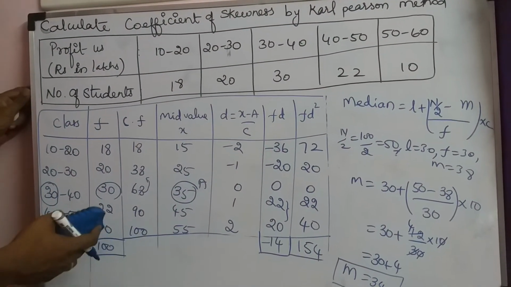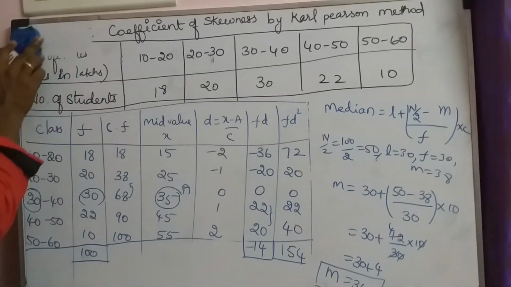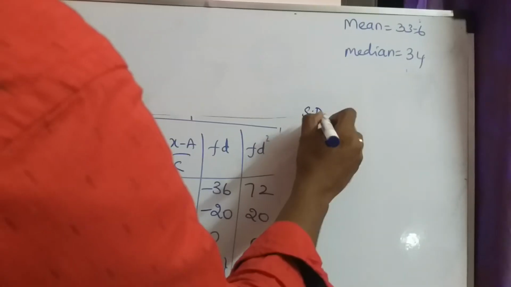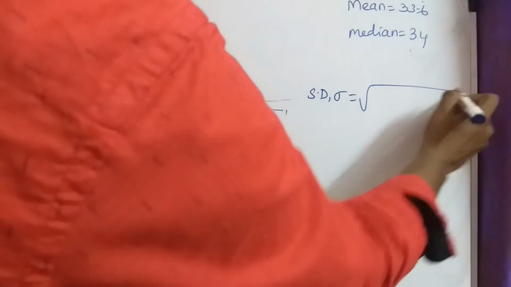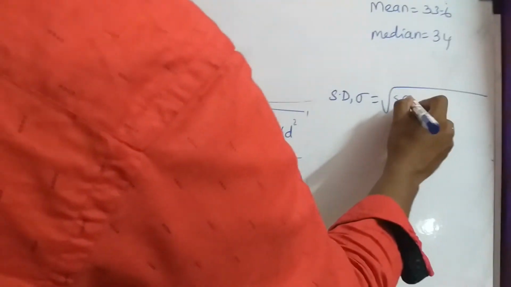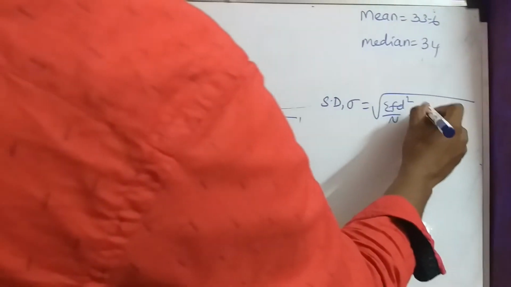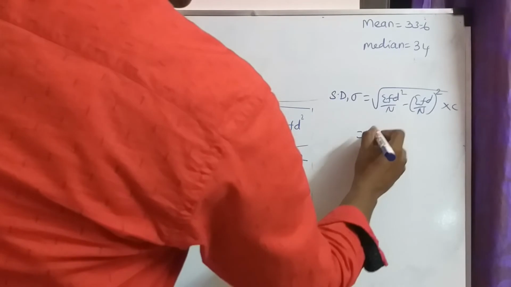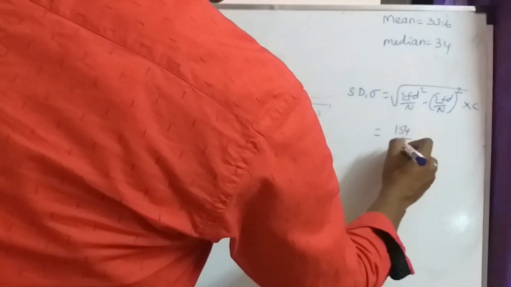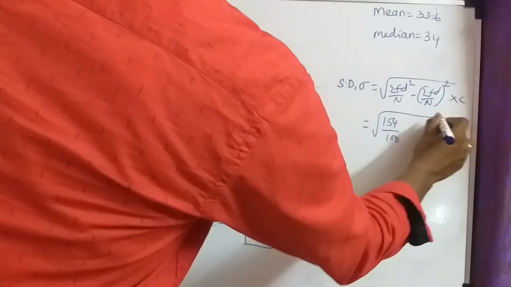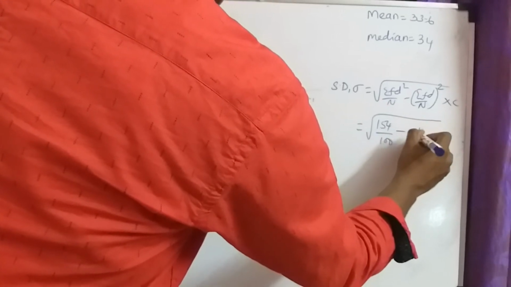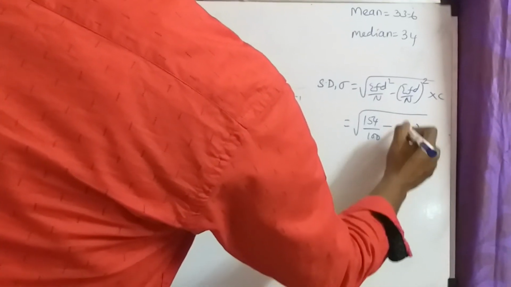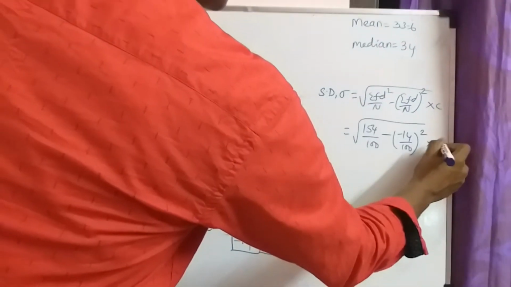Next, the standard deviation. Sigma equals the square root of (summation fd square by n minus (summation fd by n) whole square), into c. Summation fd square is 154 divided by 100, minus (minus 14 divided by 100) whole square, into 10.